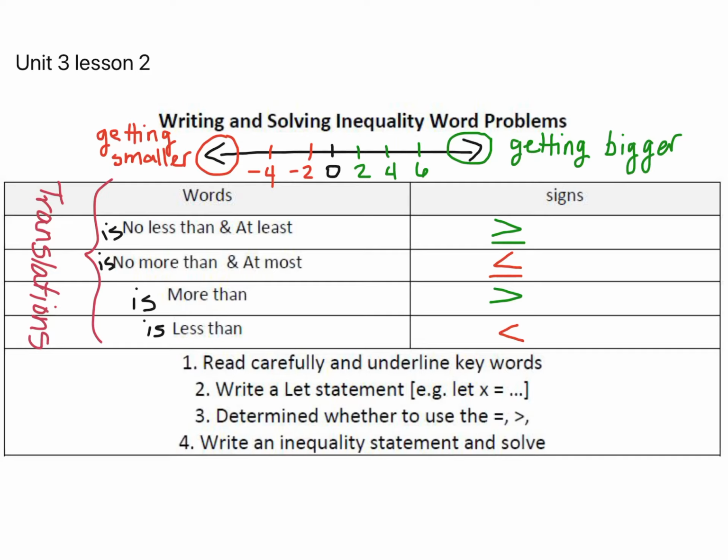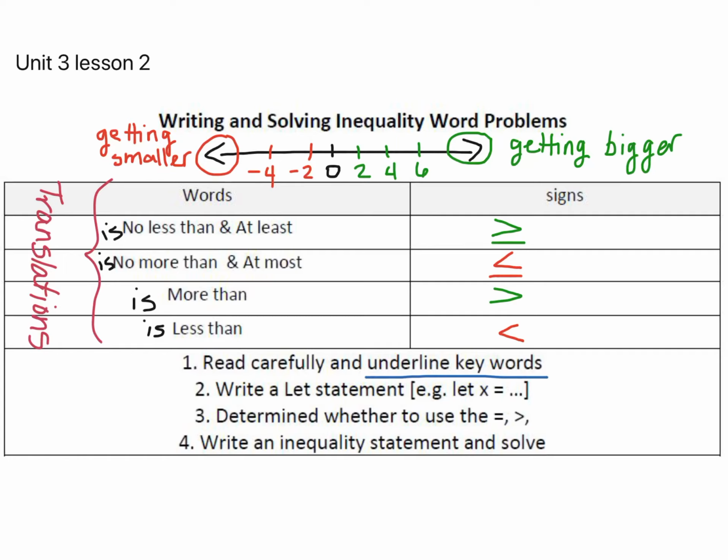Now when we go through these next 7 word problems today, we are going to be reading carefully and underlining our key words. I'll also circle some things as I go and write my translations right above the words, okay?